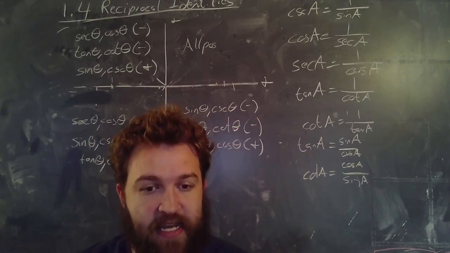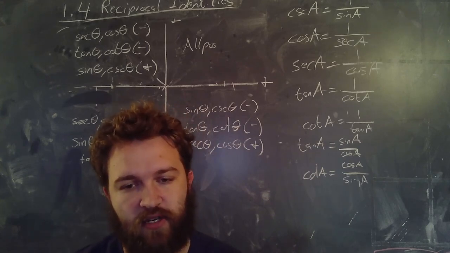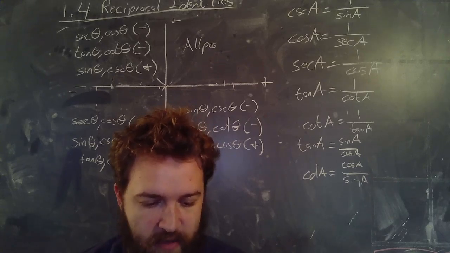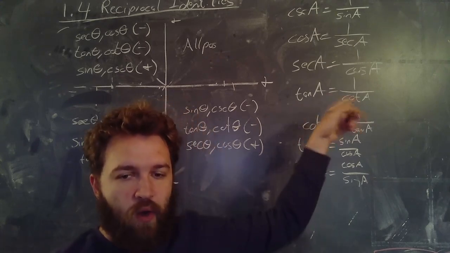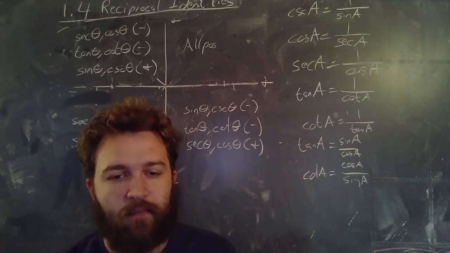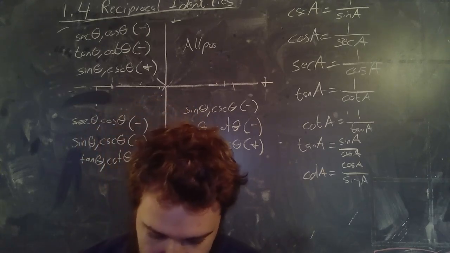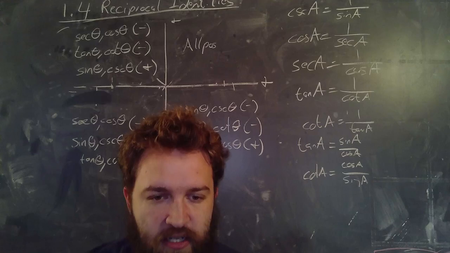It can't be secant and cosine because they're related to each other, or tangent and cotangent because they're related to each other. But if you have two different trig ratios and you have information about whether they're positive or negative, that will uniquely tell you what quadrant the triangle falls in.